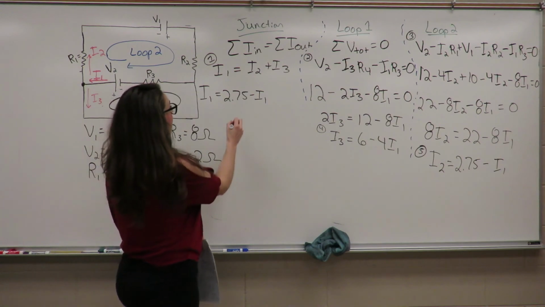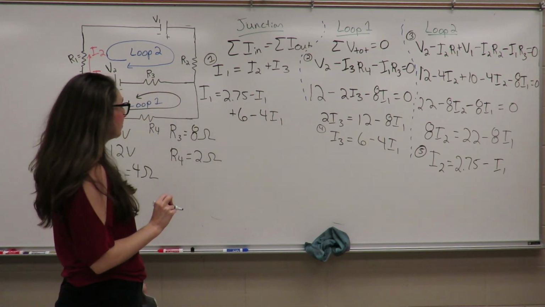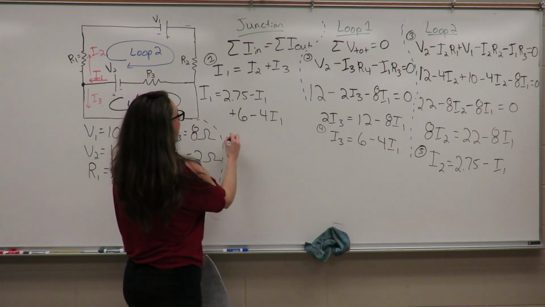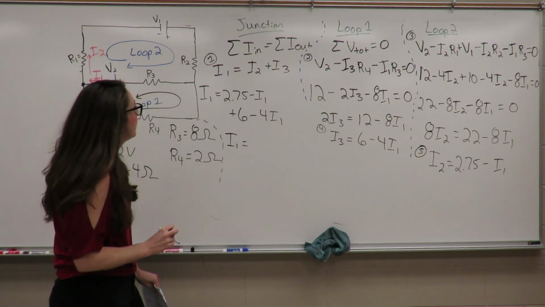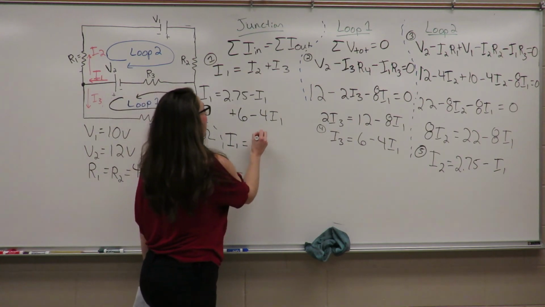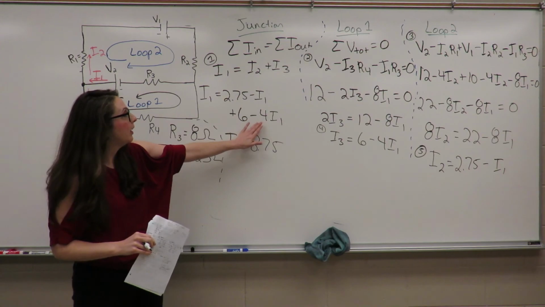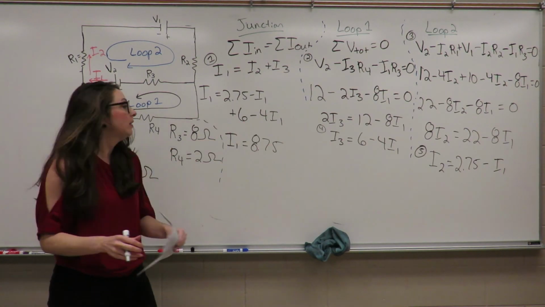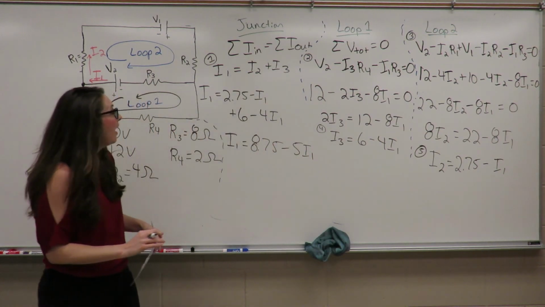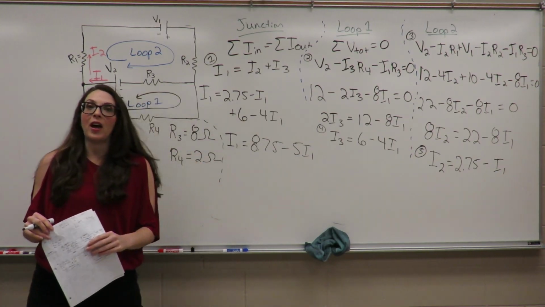And then I3 was 6 minus 4 I1. Okay? And so then I have that I1 is equal to, if I add 6 and 2.75, that's 8.75. And then I have minus I1 plus minus 4 I1. So that's minus 5 I1. And so I have now that I1 is equal to 8.75 minus 5I1.